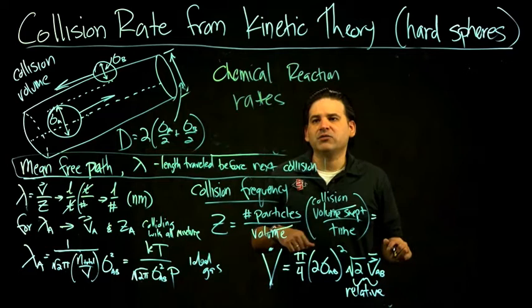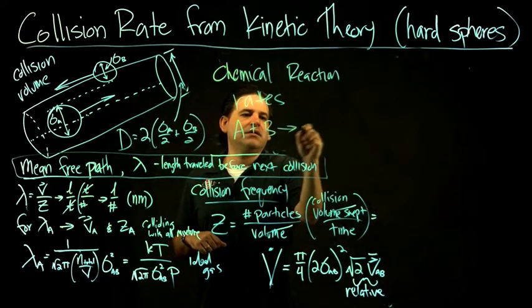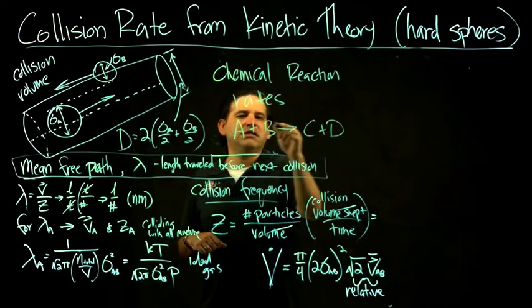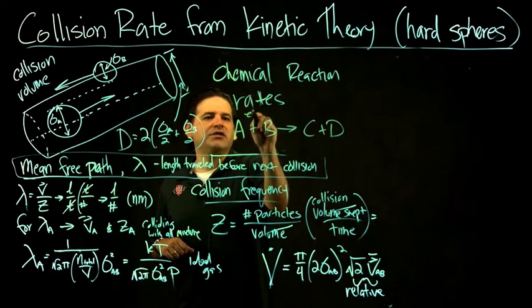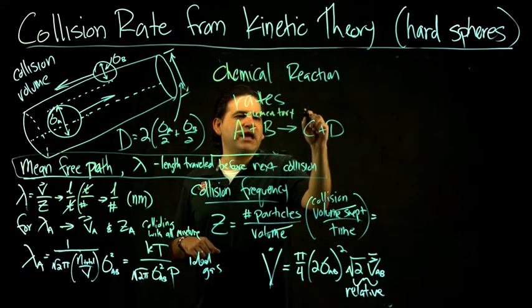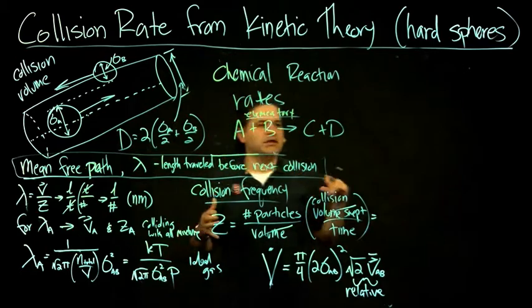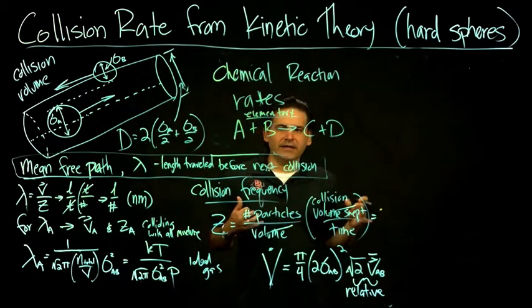So if we have a reaction, A plus B goes to C plus D, let's say this is an elementary reaction, meaning that it actually describes molecules approaching each other and colliding.